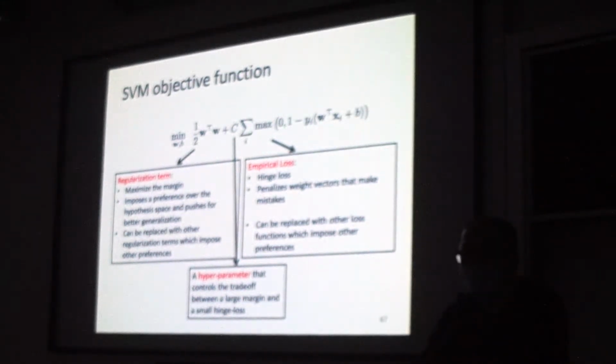And of course, if you want to design a new machine learning model and its training objective, you might choose alternative regularization terms and alternative training losses. Actually, this regularized risk minimization principle is widely used in machine learning practice.